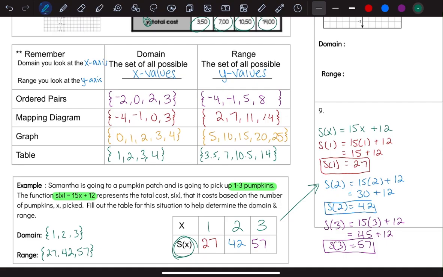Another way you could have solved this is once you get the amount of money for your first pumpkin, which is $27, you can just add $15 each time to get how much the pumpkins will cost in total.